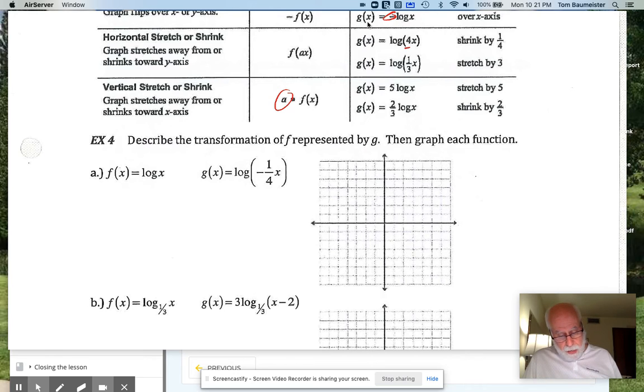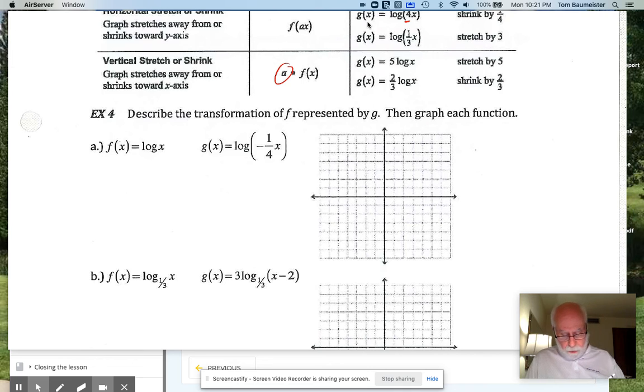So A, example 4: describe the transformation of f represented by g, then graph each function. So f of x is equal to the common log of x, and g of x is equal to the common log of negative 1/4 x. Excuse me, not just x, it's negative 1/4 x. So again, look at what you're going to do here.